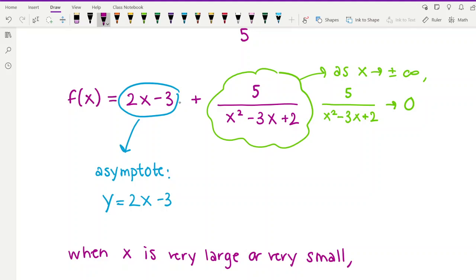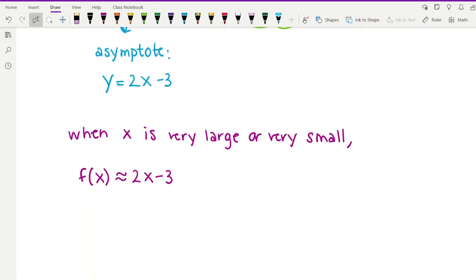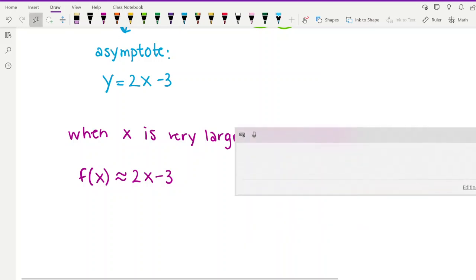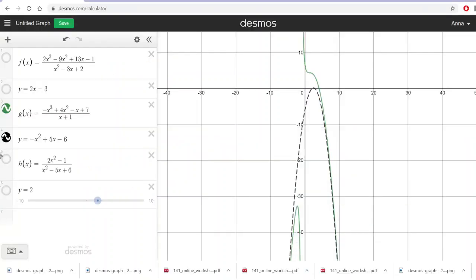The bigger the value we plug in for x, the more the part circled in blue is the dominant portion of this function, because the green part is getting tinier and tinier. What we're left with closely resembles 2x minus 3, and that's exactly what we'll see in the graph.